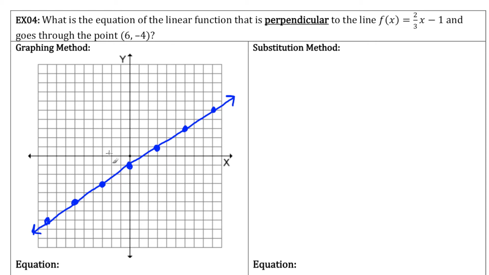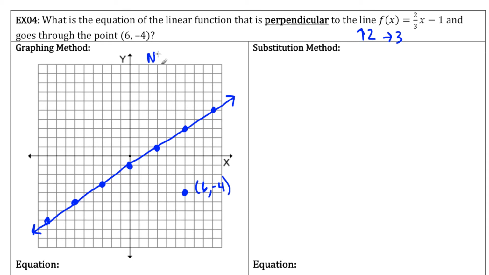So it goes through 6, -4. So let's go to 6, -4. This is 6, -4. Now, instead of going up 2, right 3, we're going to do the negative reciprocal of 2/3.